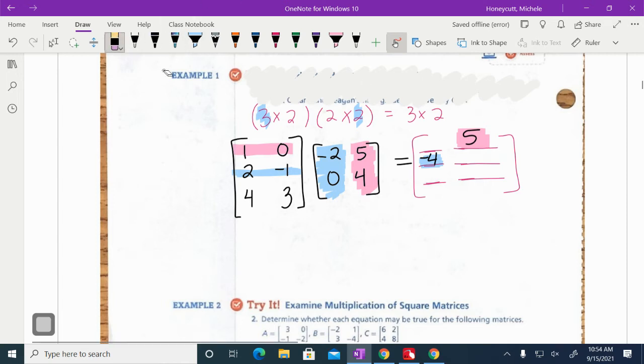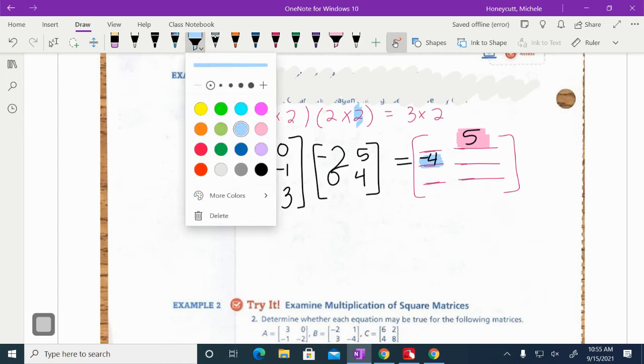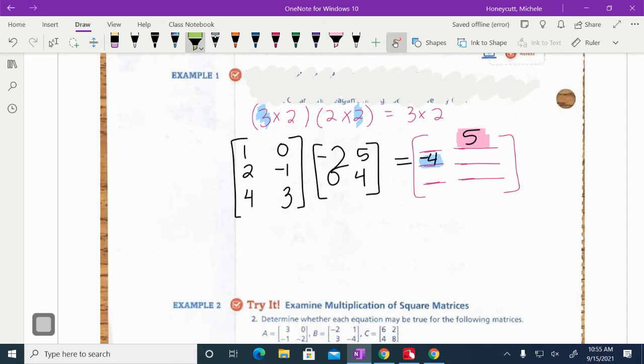Okay, let's take off those highlights. Now let's multiply, which row? What do you want to do? Row 3. Which column?